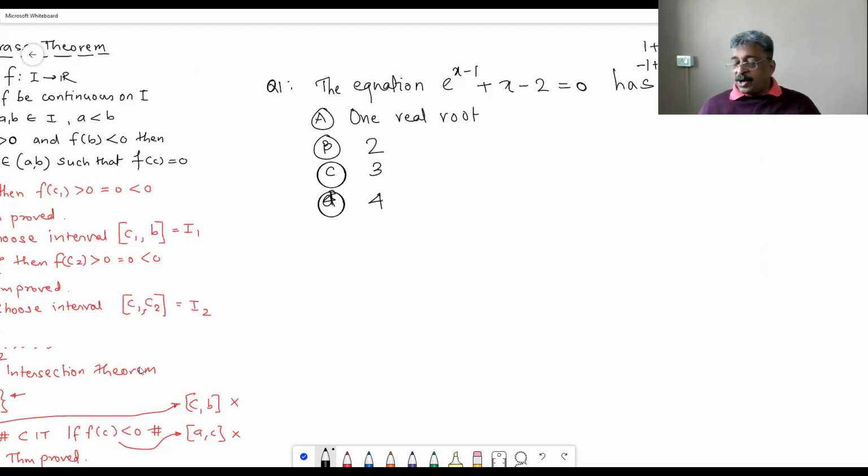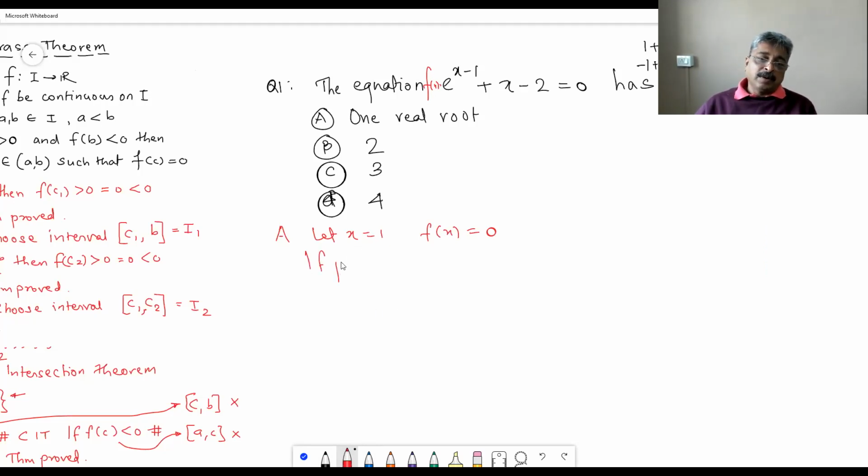Now, because we have learned Rolle's theorem just now, let me write the answer using Rolle's theorem. Answer. Let x is equal to 1, f of x is equal to 0. This is f of x. So x is equal to 1 is a solution.